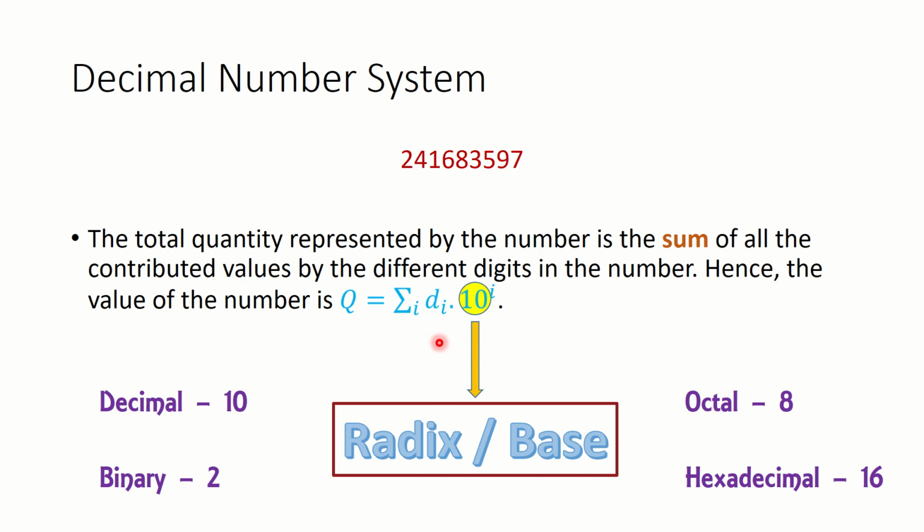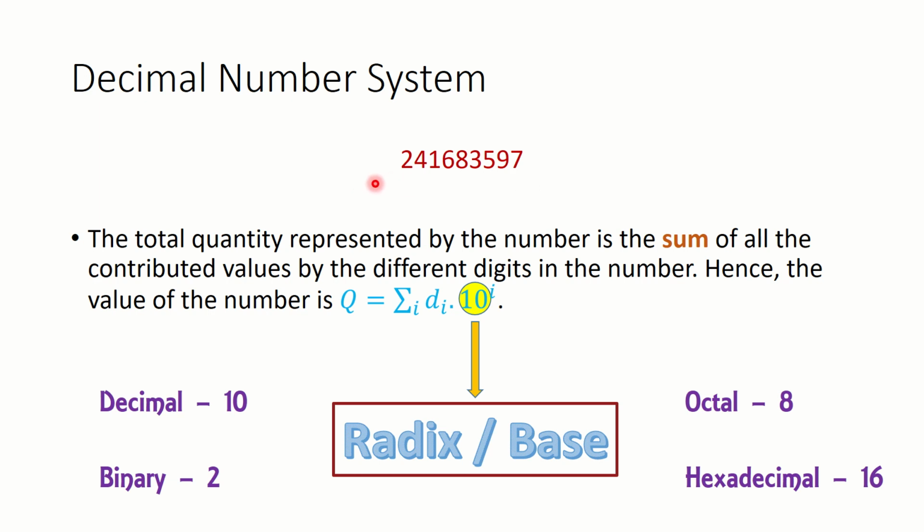So, suppose this number was a number in the hexadecimal system, then instead of 10 we would have to write 16 here. Each digit would be multiplied by 16 to the power of i, not 10. Obviously, you can now understand how the quantity will change even though the number remains the same.